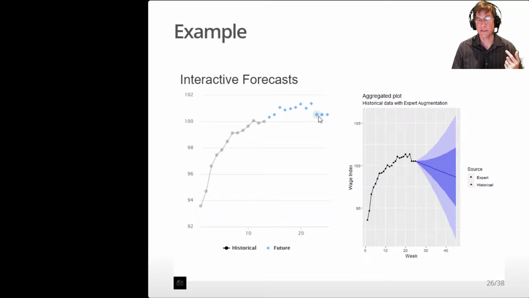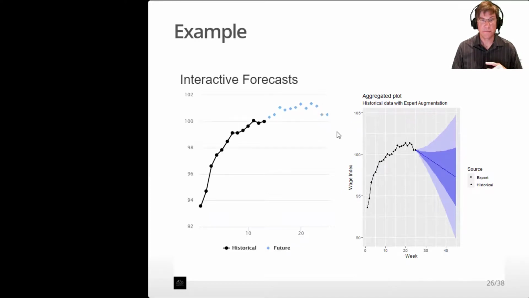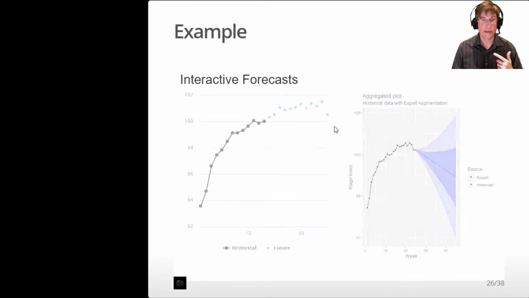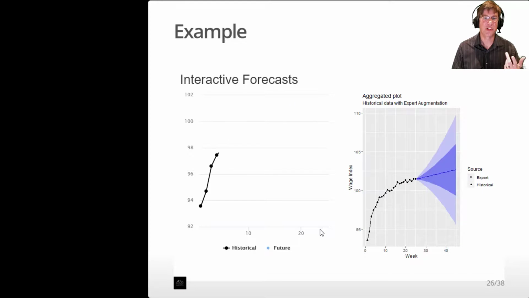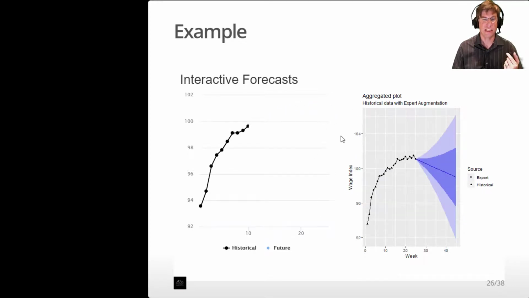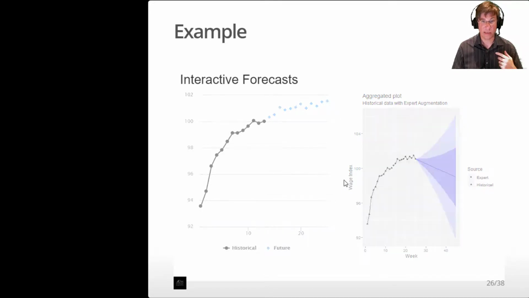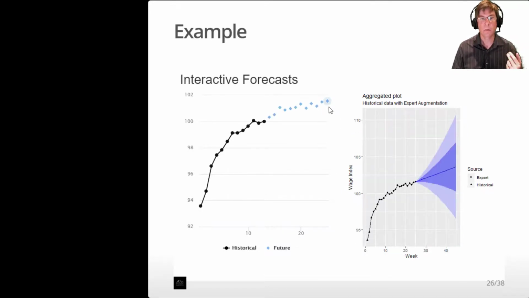And as I'm doing this, you can see the GG plot updating, giving me a new forecast based on the data. And it's kind of illustrating my point that this isn't a good idea, because if I take this last point and move it around, the mean forecast can swing a great deal.